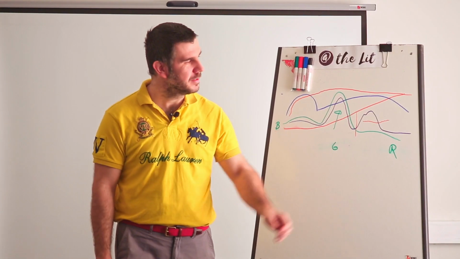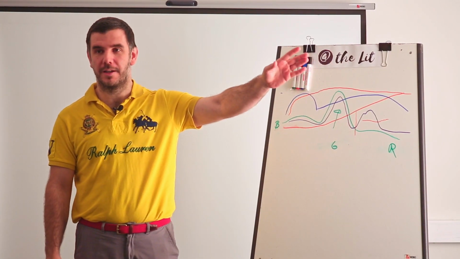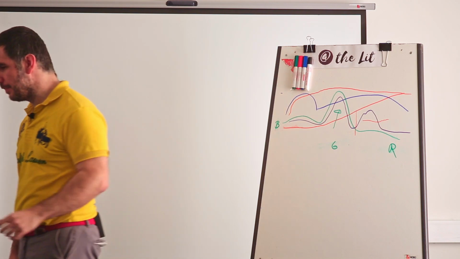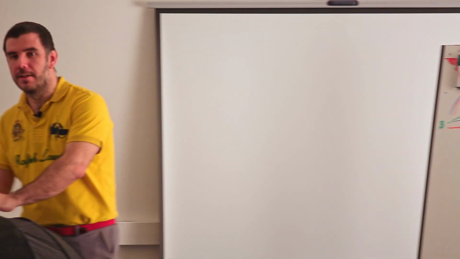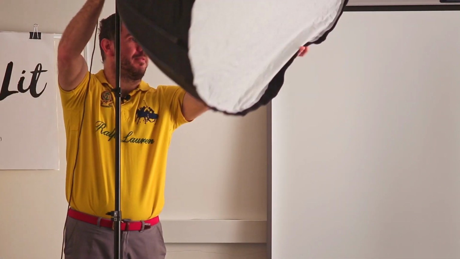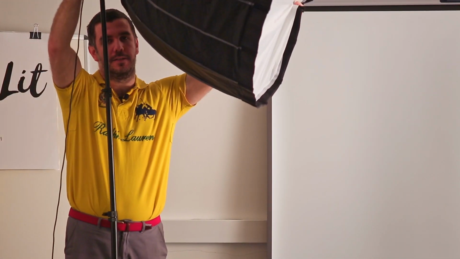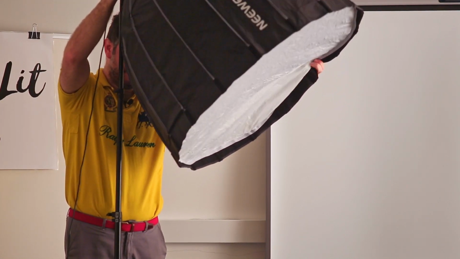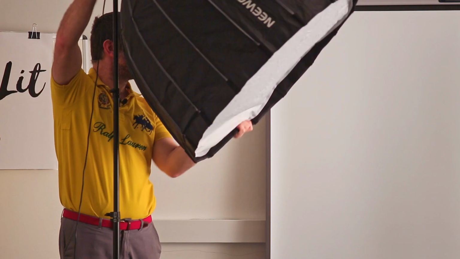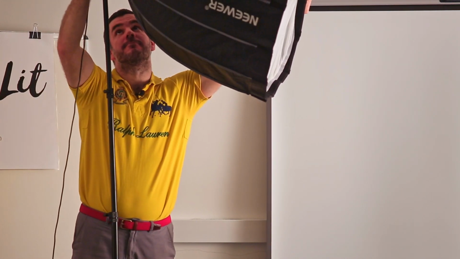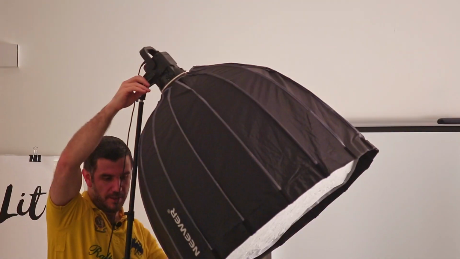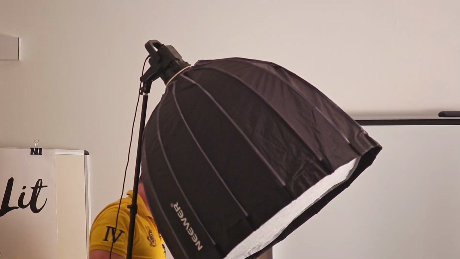Okay. Now we have essentially a window here. Now we're going to create a practical light coming from above. There we go. We're going to go for a bit of an angle like this. Putting it on a table would be the right idea.